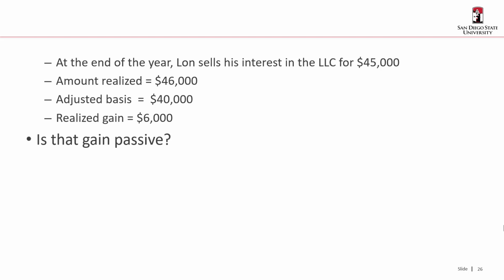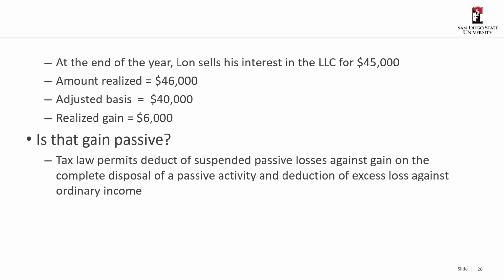Is that gain passive? Well, remember, the rule said you can offset passive losses against any income when the activity is disposed of. So we can deduct the suspended passive losses against the gain on the disposal and any excess losses against any other form of ordinary income.